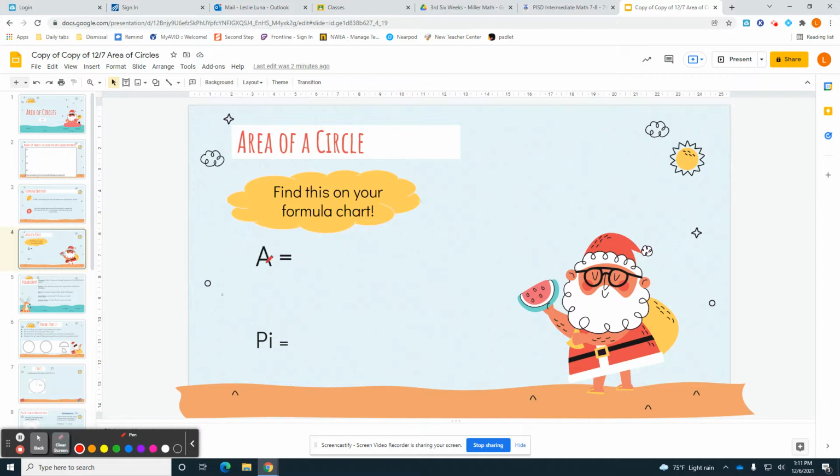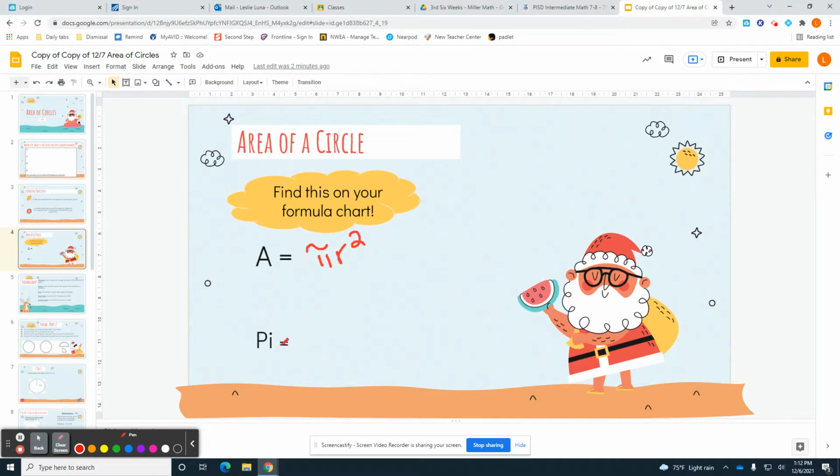So if you found it and you said area is A equals pi r squared, you are correct. And that's why our warm-up was practicing our squaring, because you're going to need to know what squared, or to the power 2, means in order to find the area.